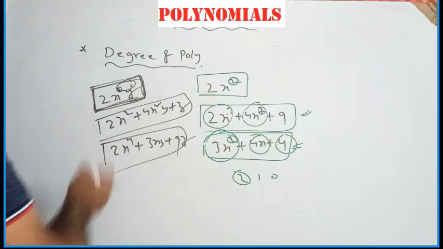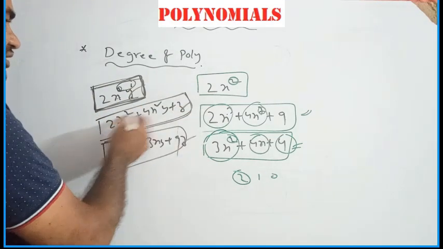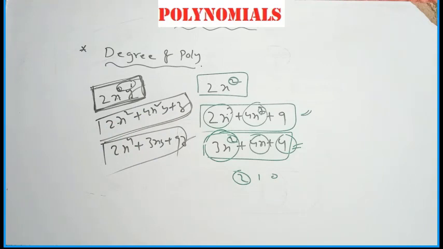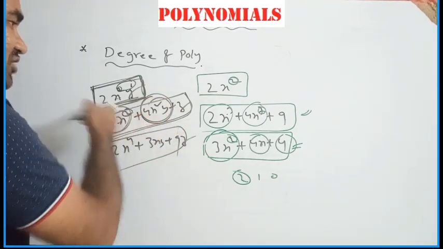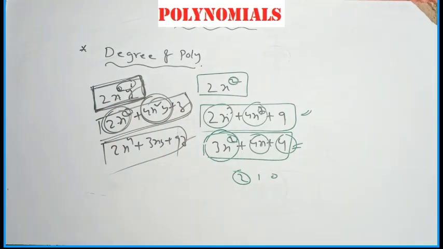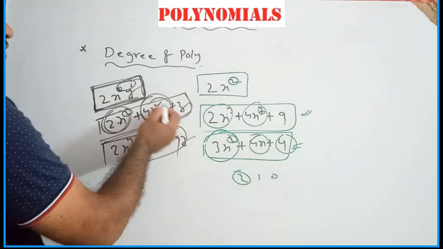Now take this polynomial involving three terms and two variables. We want to find the degree, so try to find the degree of each term. The degree of this term is 2. For the second term, as just explained, if a monomial involves two or more variables, the sum of their exponents is taken as its degree. So 2 plus 1, 3, third degree.